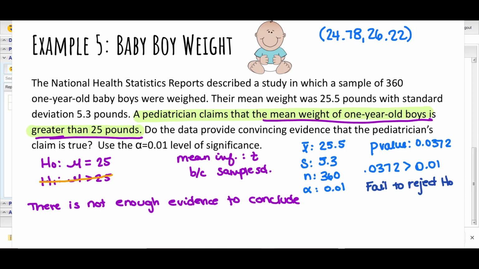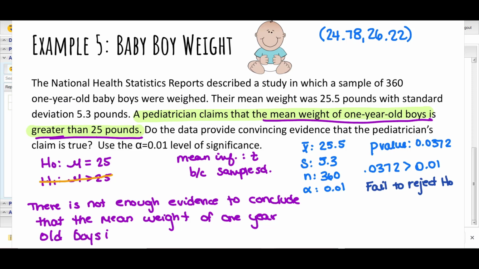So there's not enough evidence to conclude that the mean weight of one-year-old boys is greater than 25. There's not enough evidence to conclude that.